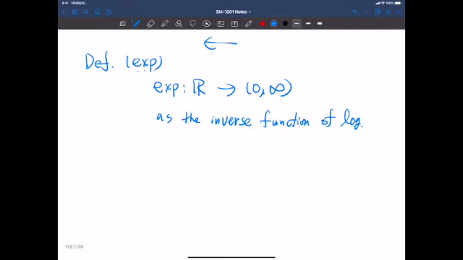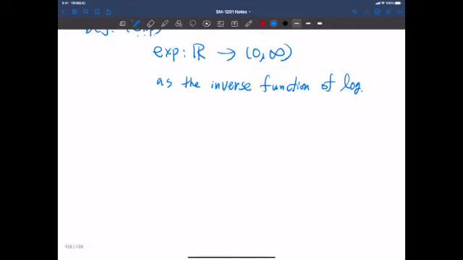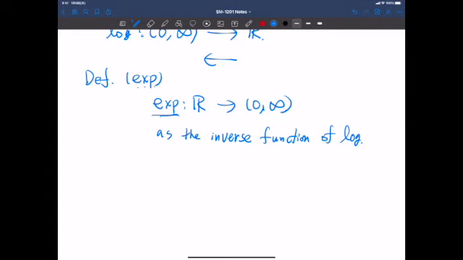Okay, so this is how we define this exponential function. Well, this turns out to be the exponential function, but here we say exp. Okay, now we can define the value of e. So the value of e is defined as the value of this function with argument 1.